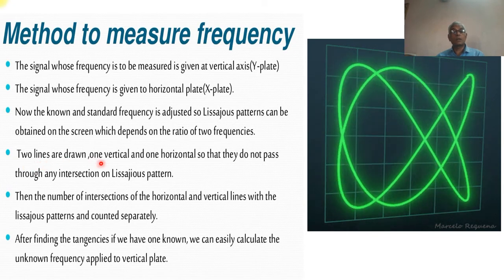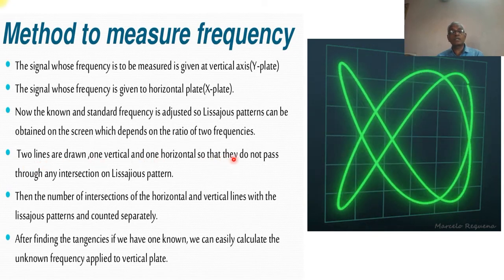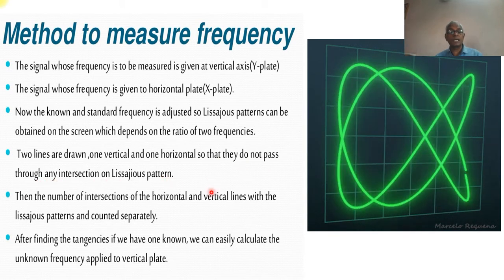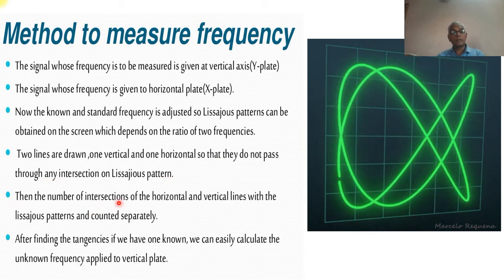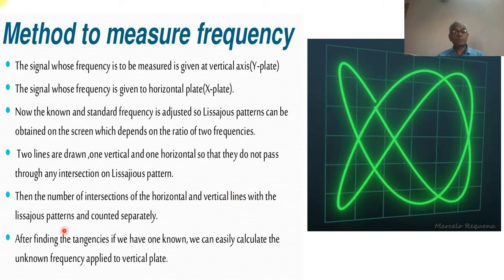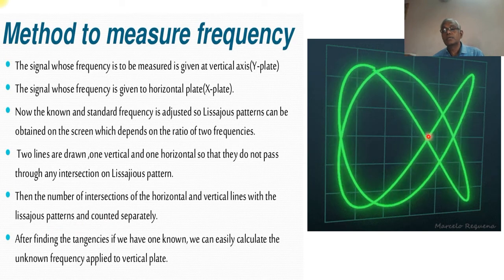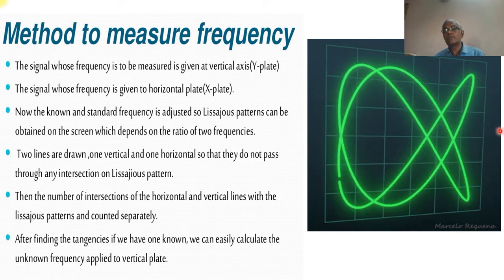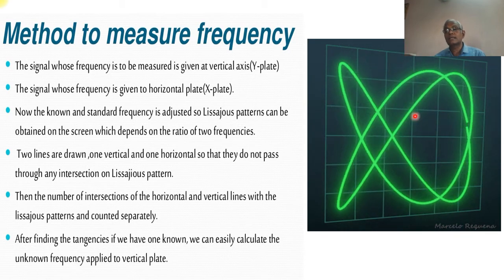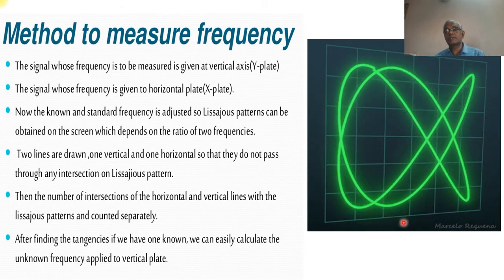Two lines are drawn, one vertical and one horizontal, so that they do not pass through any intersection on the Lissajous figure, as I will show. Now the number of intersections of the horizontal and the vertical line with the Lissajous figure are counted separately. You can see here on the CRO there are horizontal lines and vertical lines, either in centimeters or in meters.